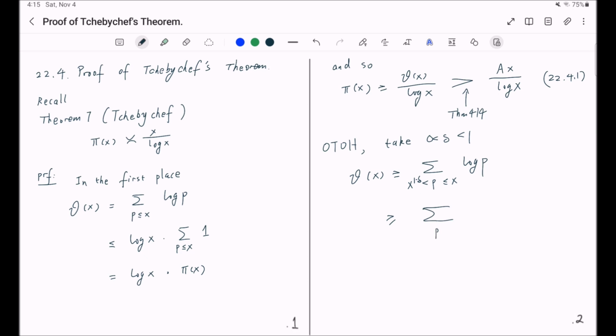And this can be bounded below if we replace log of p by log of x to the 1 minus delta, which is 1 minus delta times log of x times the summation for p from x to the 1 minus delta to x.